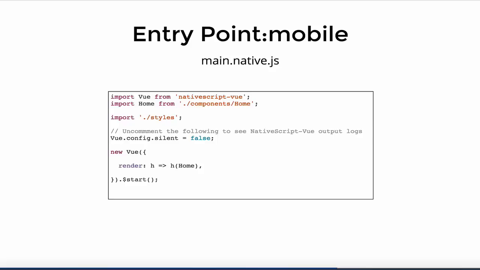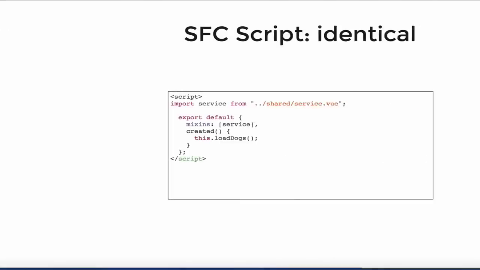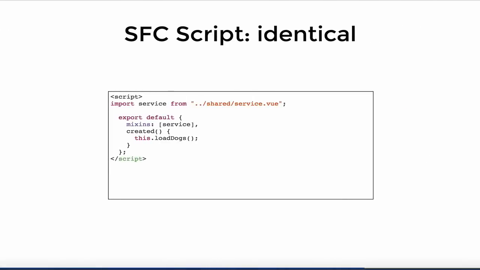And then I have this Vue config silent set to false because you can get more verbose logs. And then you just start up your app by just rendering it and invoking start. So there's no injecting of code into a div because there are no divs in a structure that has no DOM like a NativeScript app. So it's kind of nice to have these separate entry points, and then you send the app along on its way to render home.